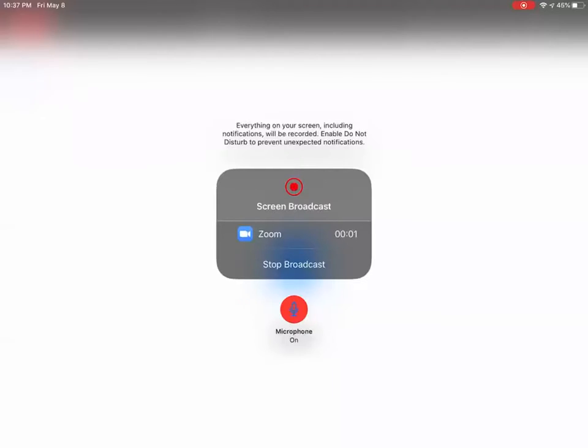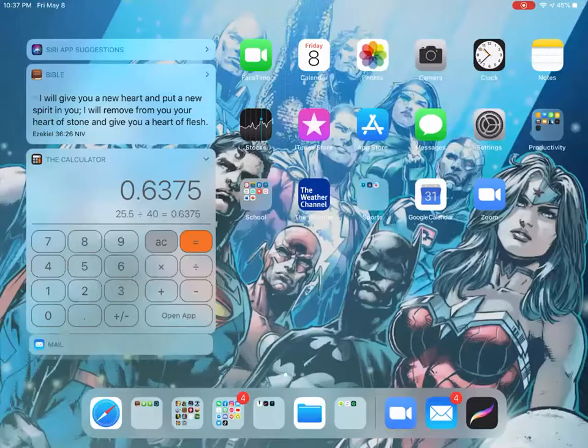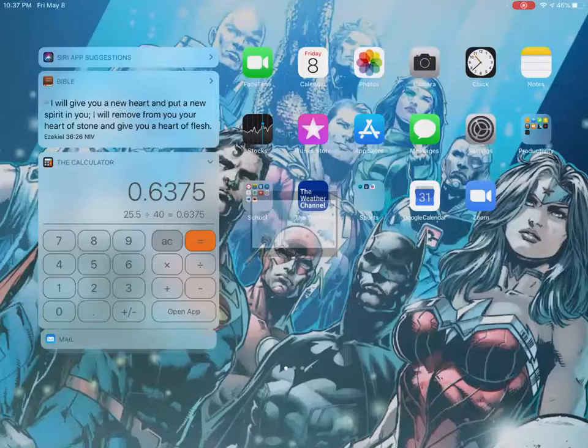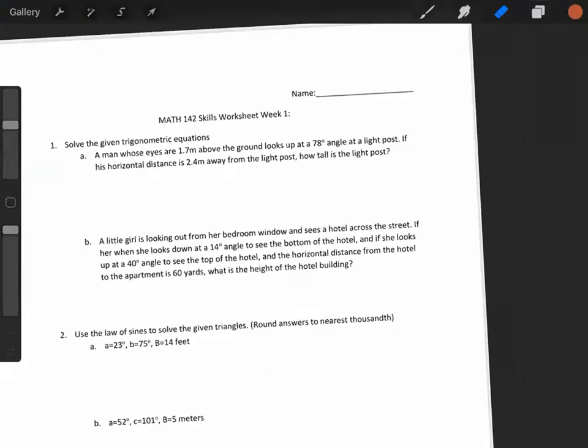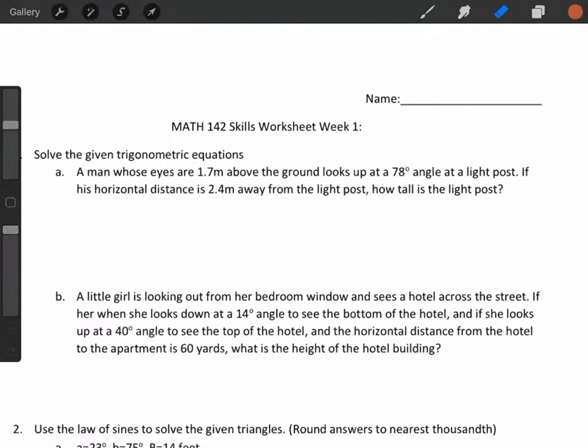What I'm going to do is share my screen, and we are going to go into here. I have the worksheet already here, and we're just going to fill it out as we see fit.